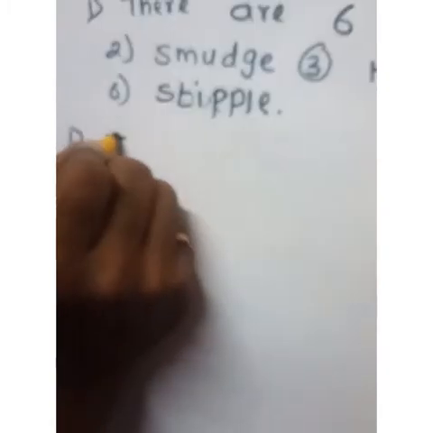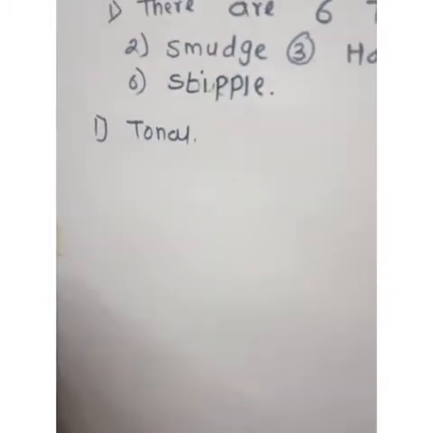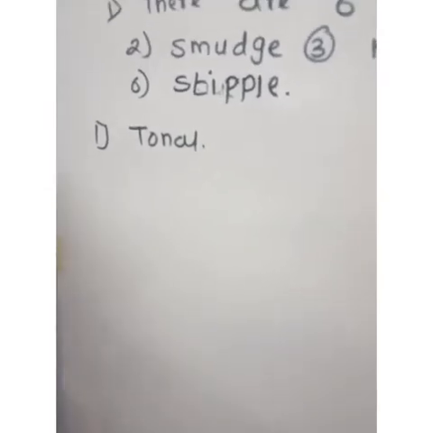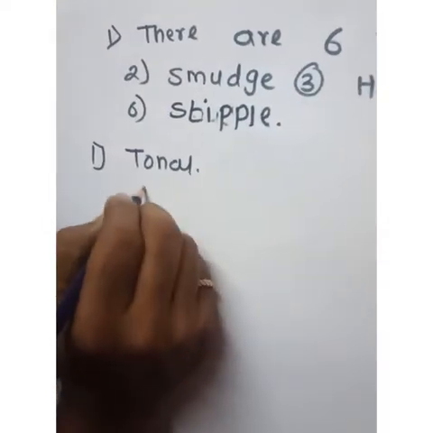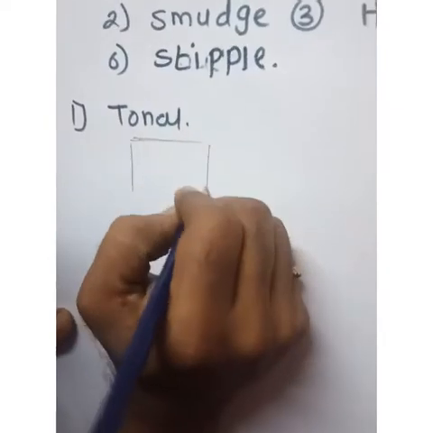Now first one is tonal. Now this tonal shading is very easy one and normal one we can use. For that one we are going to make two boxes. Now here I am using pencil.